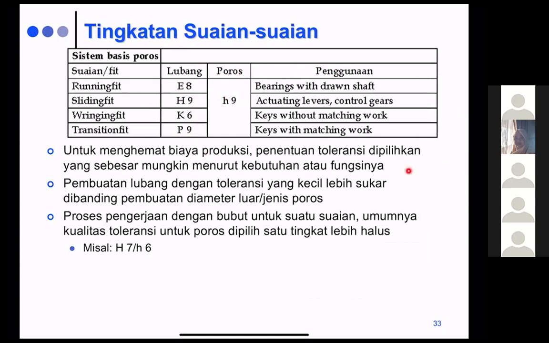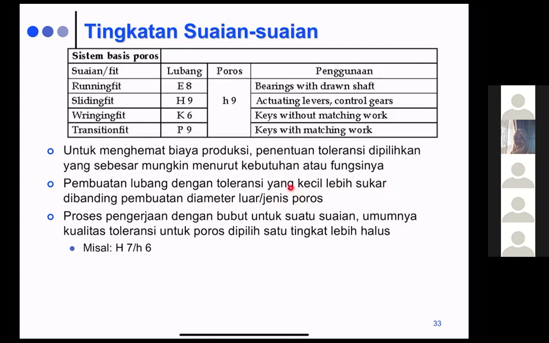Okay, and then to minimize the cost of production, when we want to set the tolerance, we have to make it as large as possible within the function. The hole should have a lower tolerance, because a hole is harder to make (lebih sukar dibuat) than a shaft.